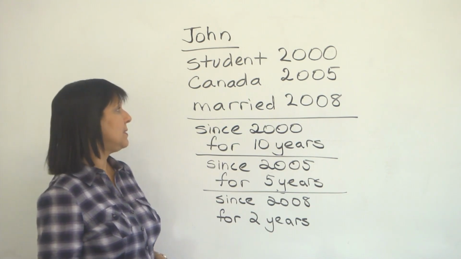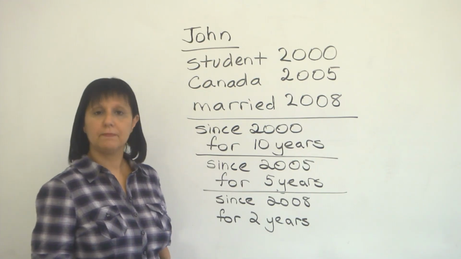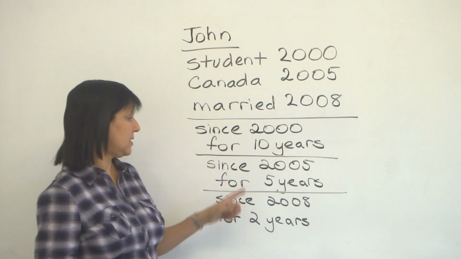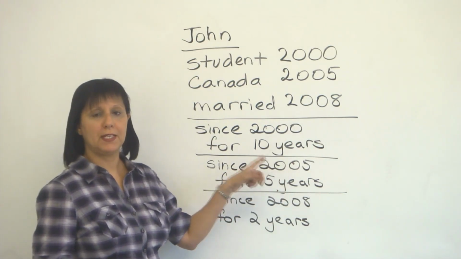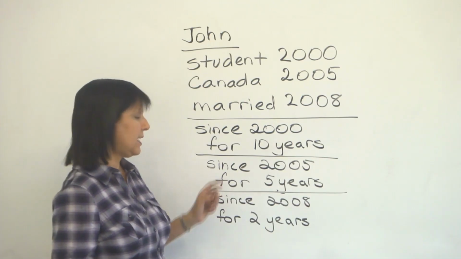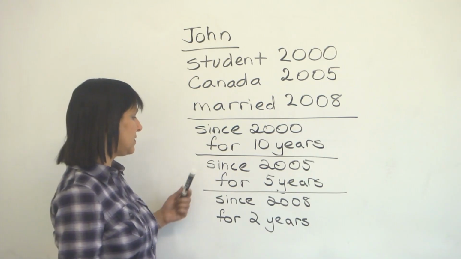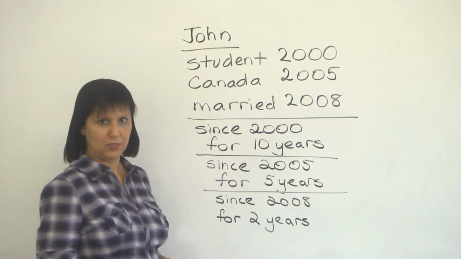John has lived in Canada since 2005, right? We're saying since plus the point in time when that became true. John has lived in Canada since 2005, or you could say John has lived in Canada for 5 years.